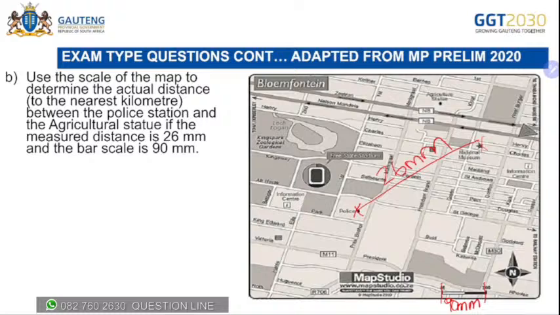So you've got these two measurements, and then you need to calculate the actual distance to the nearest kilometer from this point to that point. Remember, the bar scale measured, it is what? It is 300 kilometers. So guys, I'm going to give you exactly 2 minutes to do this calculation and then send through your answers. We'll mark it all together. 2 minutes.